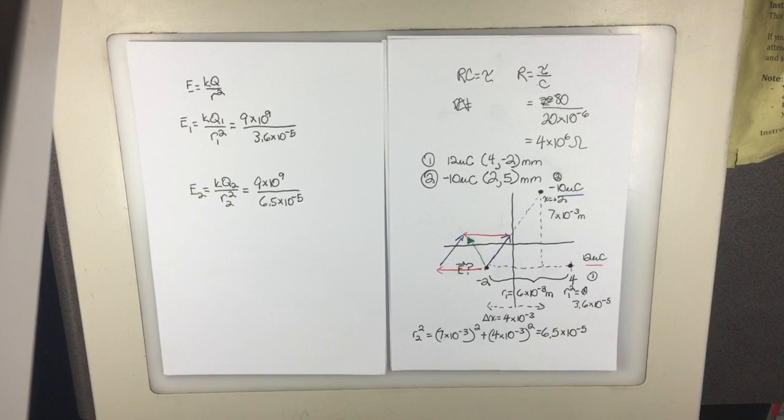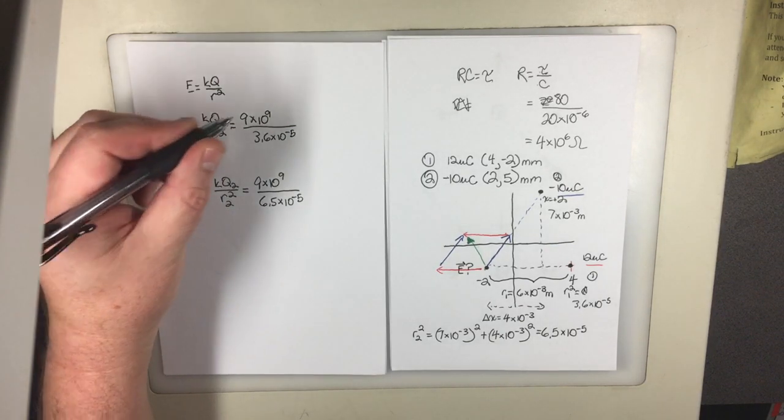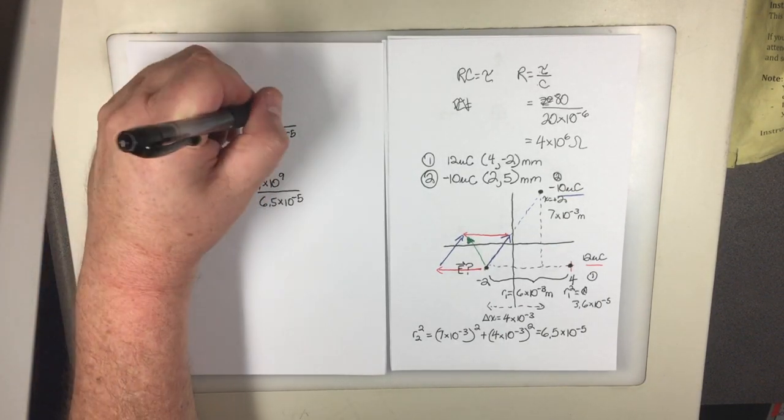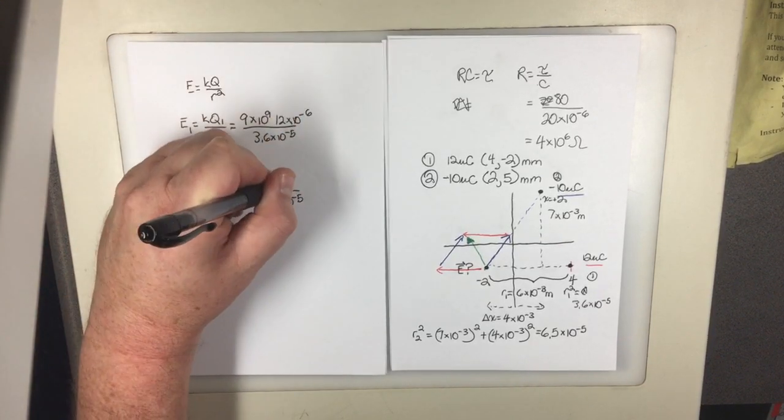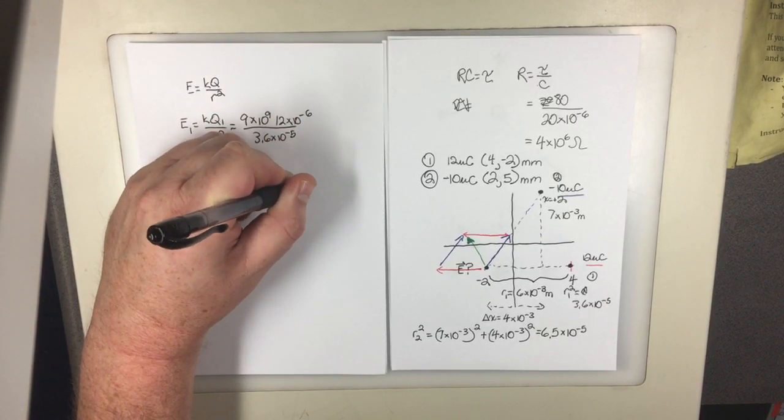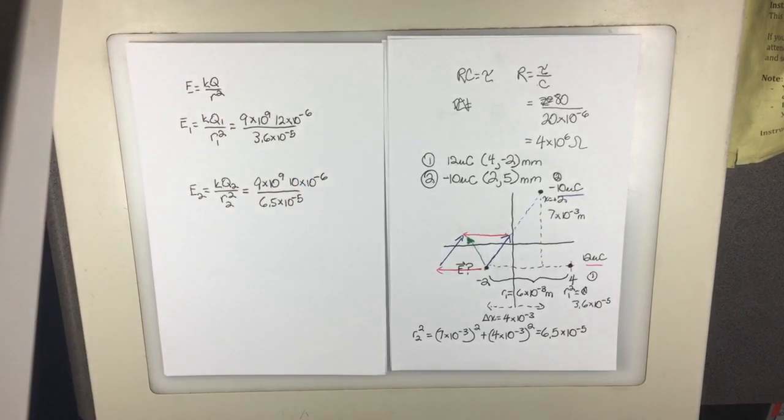There is no negative. So even for the negative charge, this is 12 times 10 to the negative 6. This is 10 times 10 to the negative 6. No negative charge. We're interested in only magnitudes at this point.